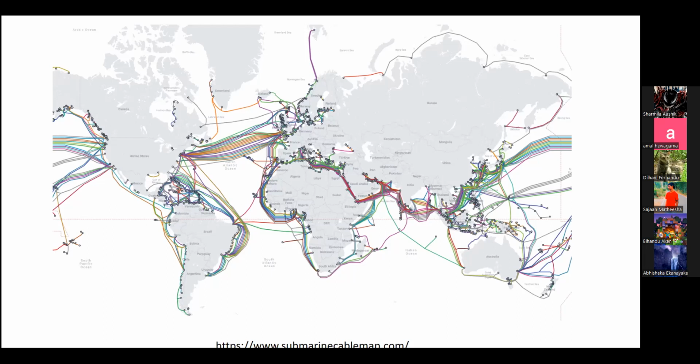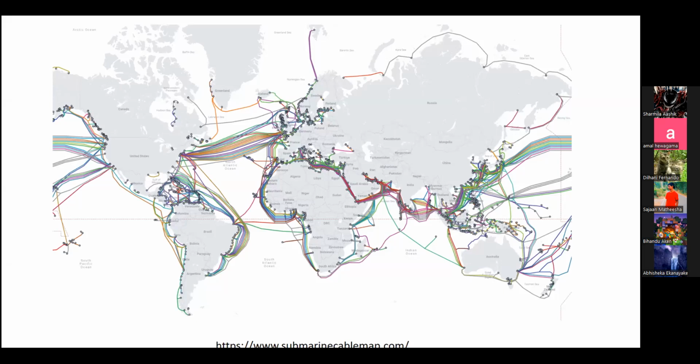All right, let's go to the submarine cable map, right? And as you can see, there are many different submarine cables. These are what allow communication between countries, right? If you look at Sri Lanka, there are many different submarine cables that are being used.